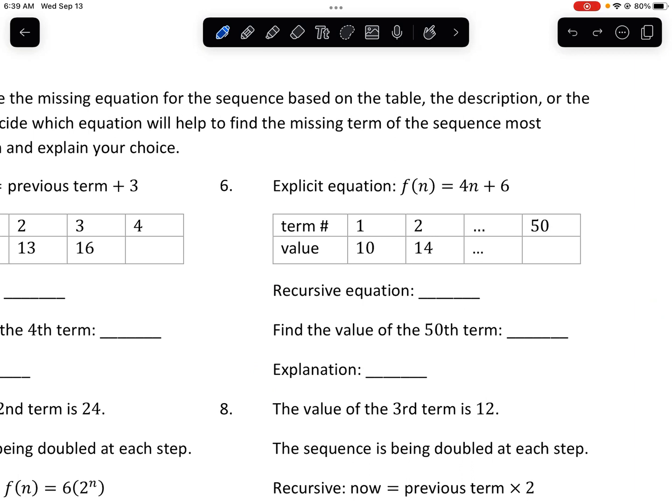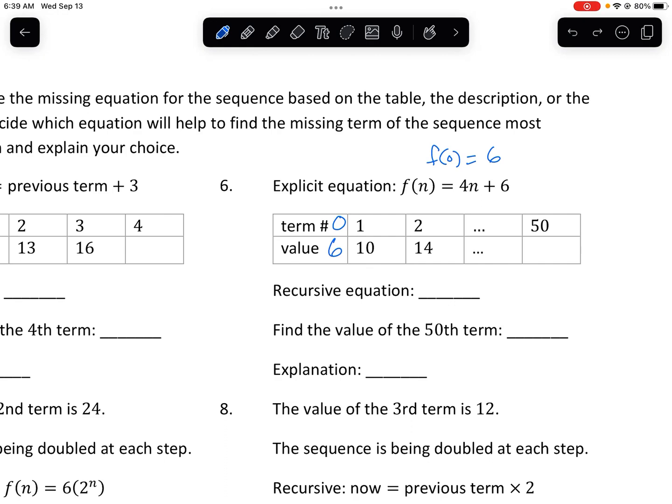So here, in an example, we have this explicit equation. We want to write the recursive equation. Well, this explicit equation tells us a lot of things. It tells us that f at 0 is going to be 6 because you plug 0 here. That makes 0 and you get 6. So that'd be like the 0th term is 6 here. And this 4n lets us know it's adding 4 each time.